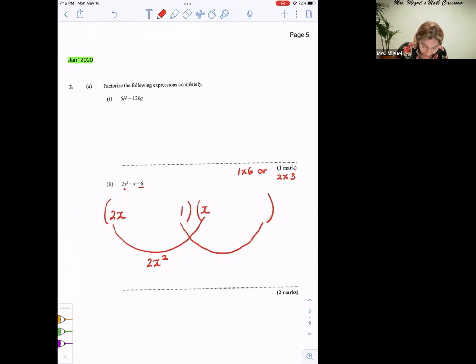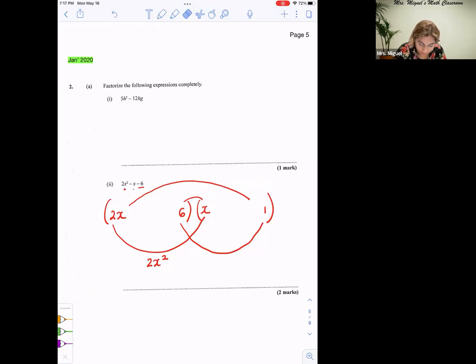If I put 1 here and I put 6 here, here I will get 1x, and here I will get 2x by 6. This is 12. That doesn't make any sense. So I can change that. Let me put 6 here and 1. This will give me 6x and 2x. I still don't have x.